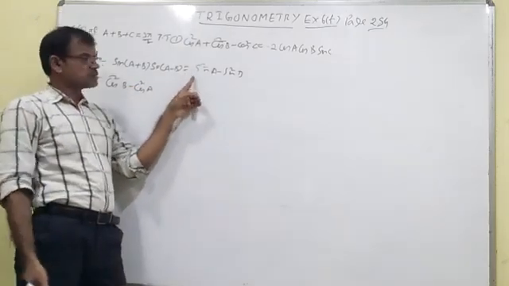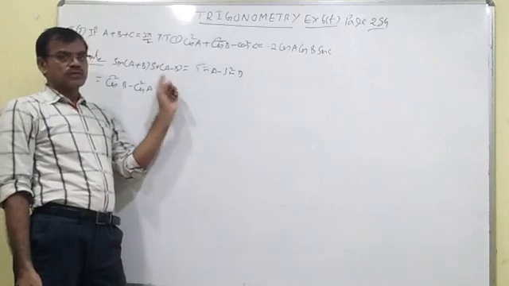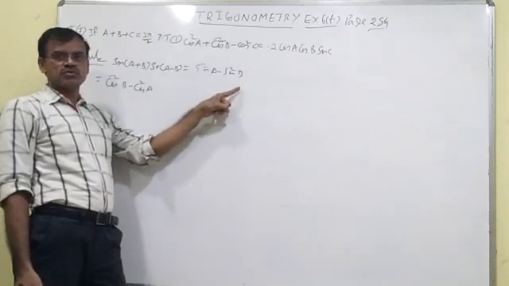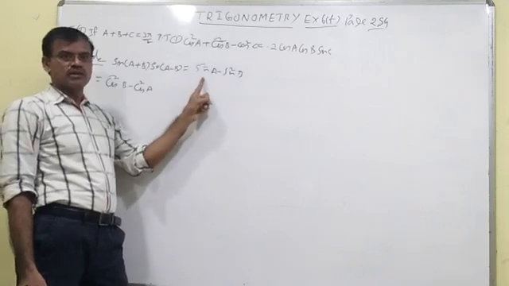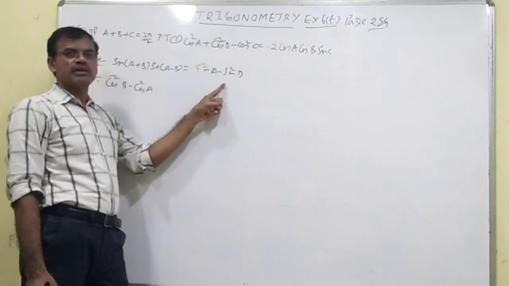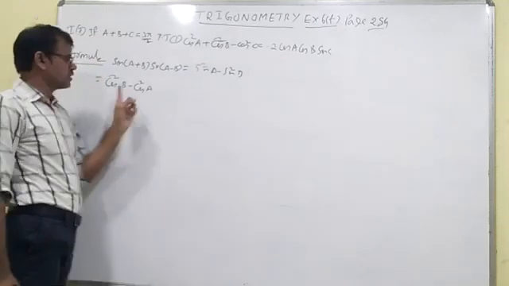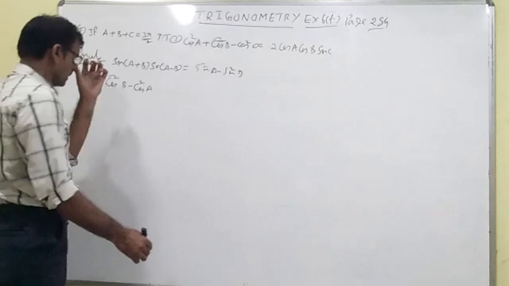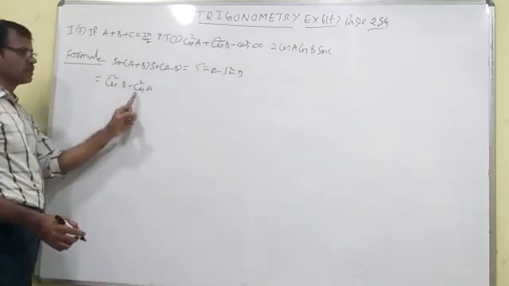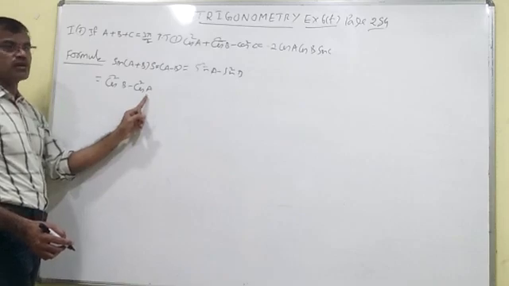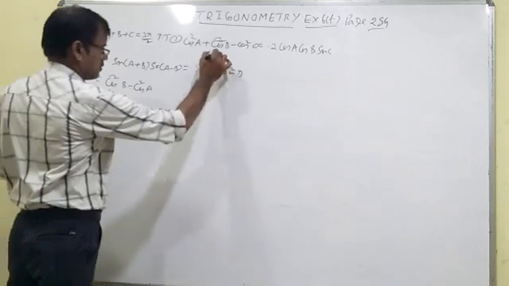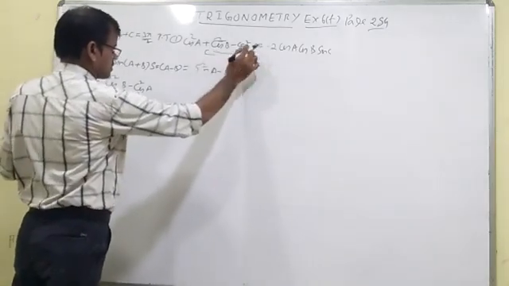If we write 1 minus cos square a minus within the brackets 1 minus cos square b, so 1 minus cos square a minus 1 plus cos square b, it can be understood as cos square b minus cos square a. So second letter first letter second. Observe here.